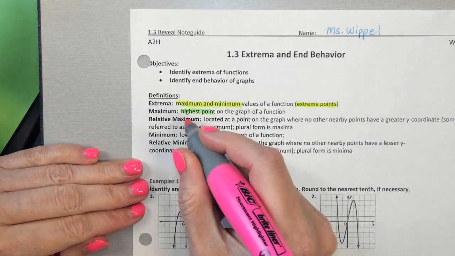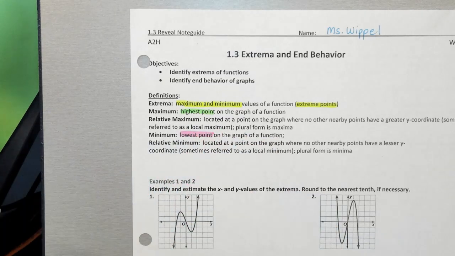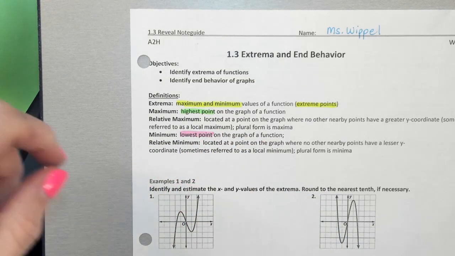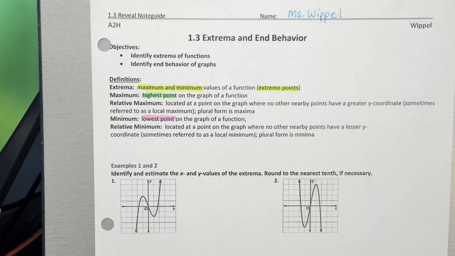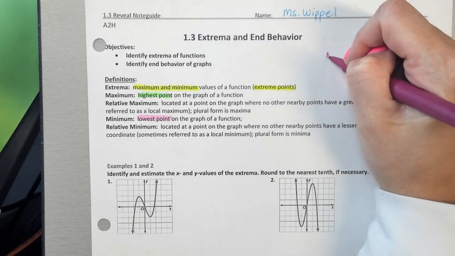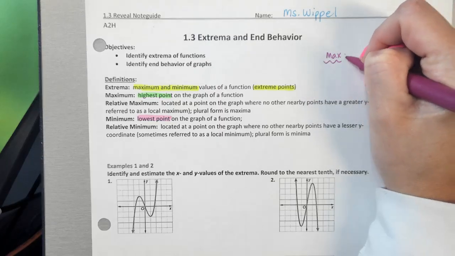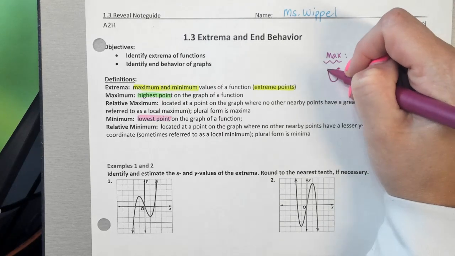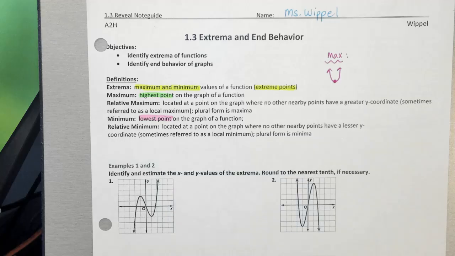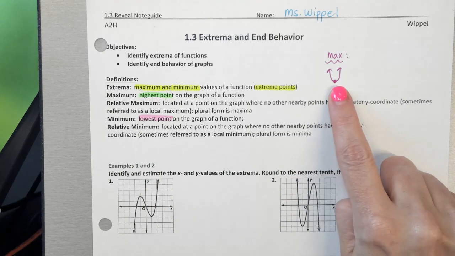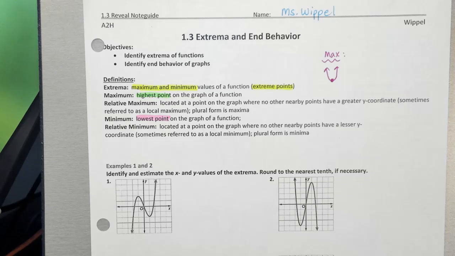Okay, and then what's new today is what's called a relative maximum and a relative minimum. So when I say that you've done the max and the mins before, what I mean is you've seen a graph where there's a maximum. It looks like this. Okay, so a parabola where this is, oh, that's not a maximum. What is that? It's a minimum.